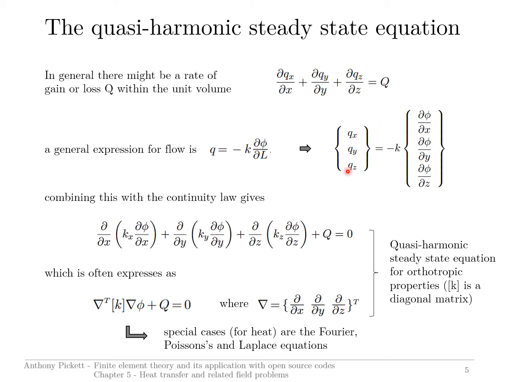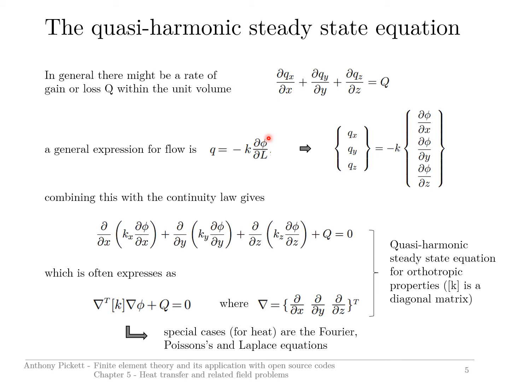We can now obtain a general expression for flow. This could be flow of heat or flow of liquid, equal to minus K times the gradient of the variable in the field function.